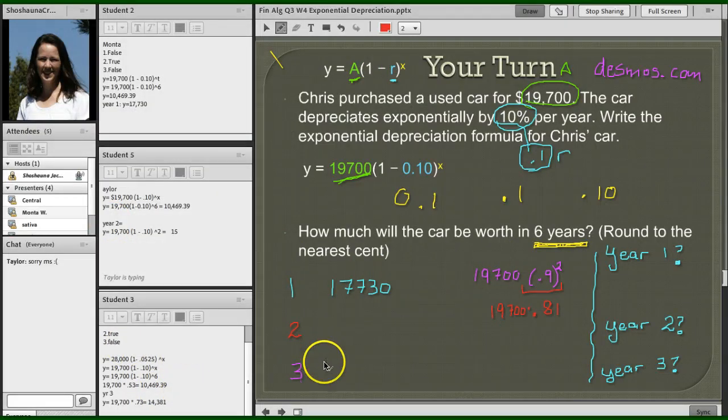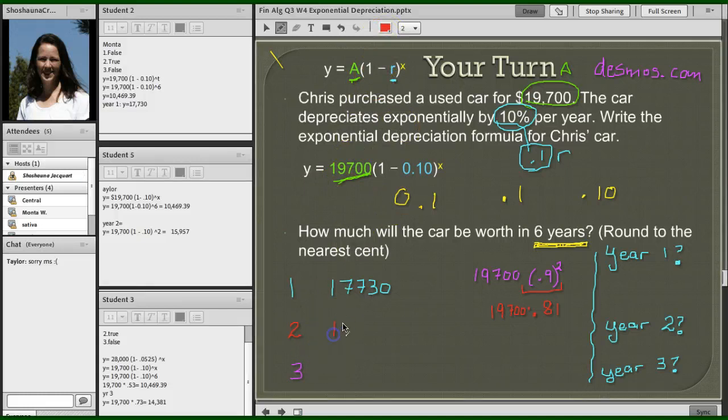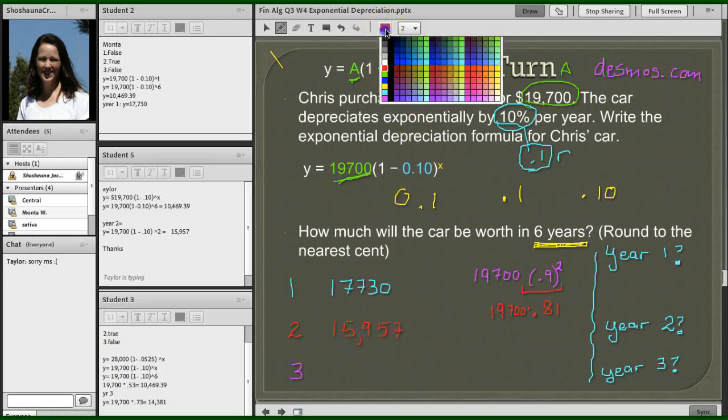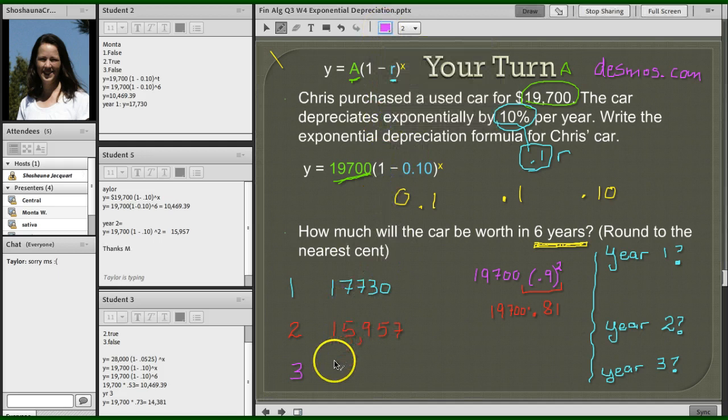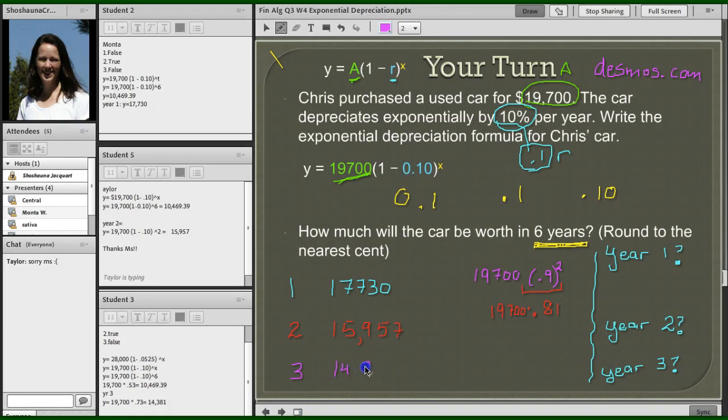Okay, perfect. Okay, so 15,957. And then Sativa's answer, that was interesting. I don't know how long you had your answer up there, but I couldn't see it.